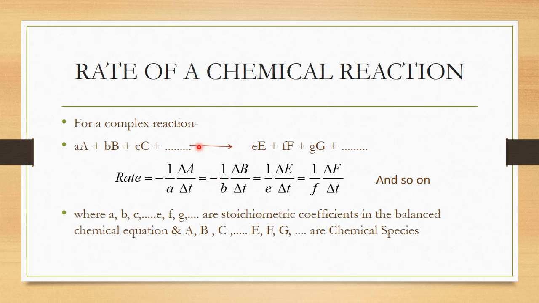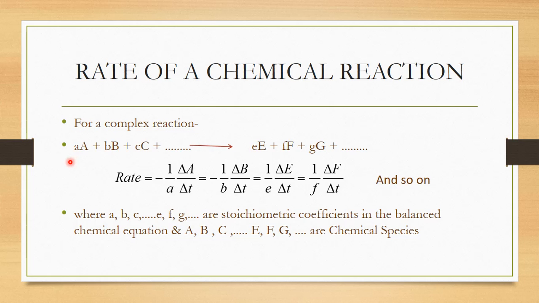Let us take a complex reaction. a moles of A plus b moles of B plus c moles of C will change to e moles of E plus f moles of F plus g moles of G, or many others also.